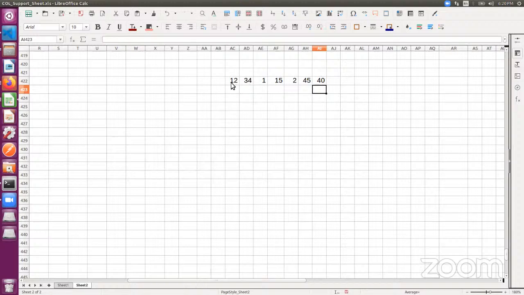Now we're going to consider this 12 as a sorted array, and these are the set of elements which we are going to insert into this sorted array. Let us take a temporary variable d that is going to store the element that is going to be inserted inside this sorted array. The first element we're going to process is 34, so just put 34 inside d.